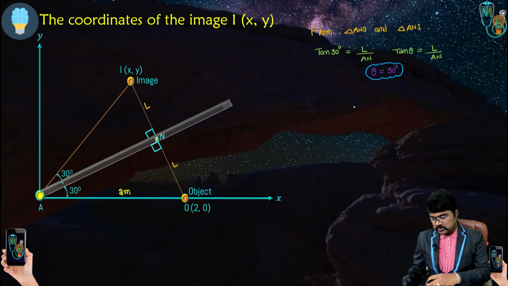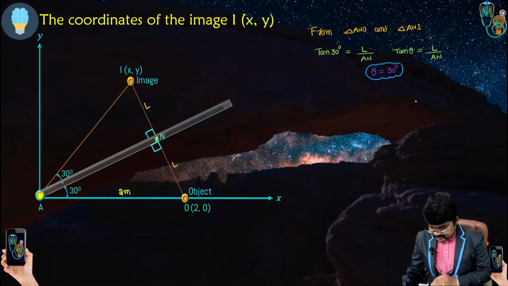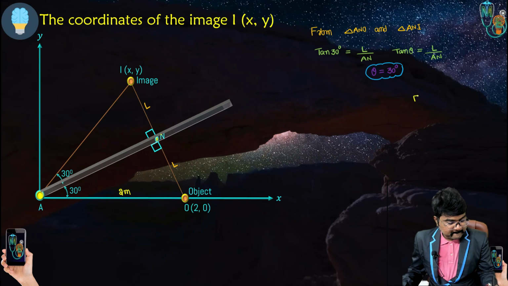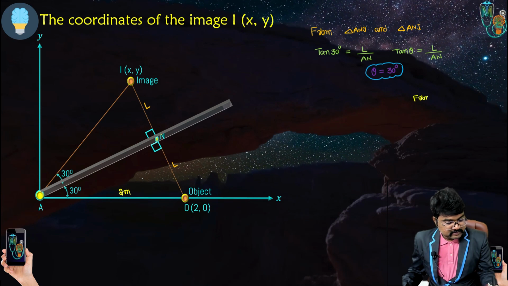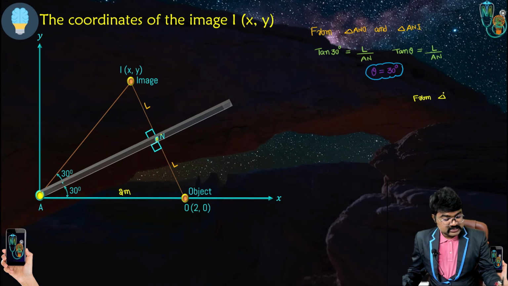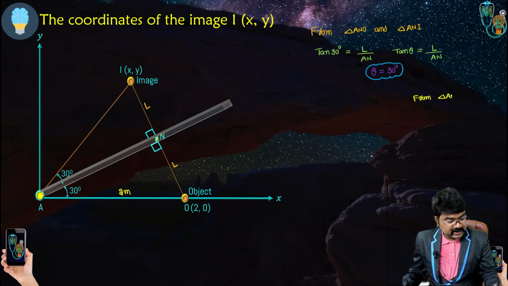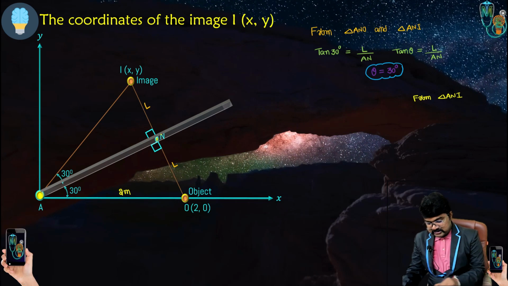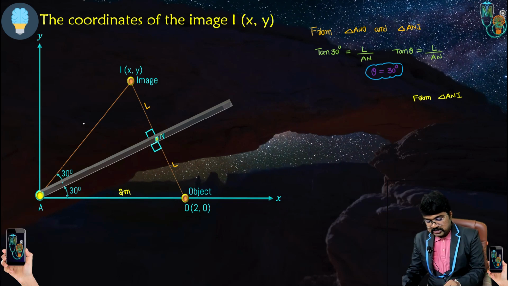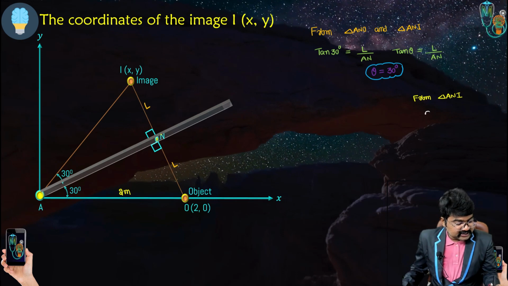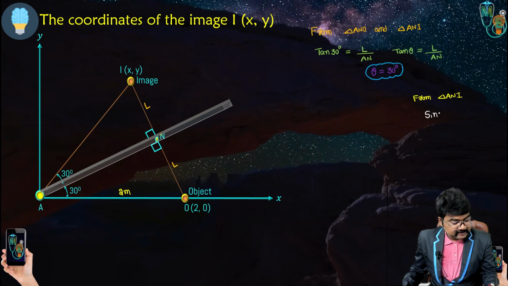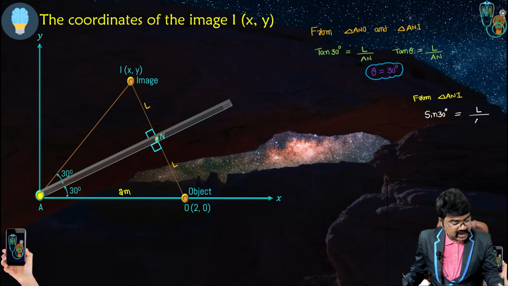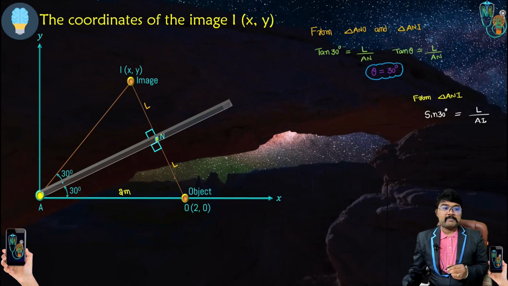Here this is the hypotenuse, with the 90 degrees at N. Sine 30 degrees equals L by AI.